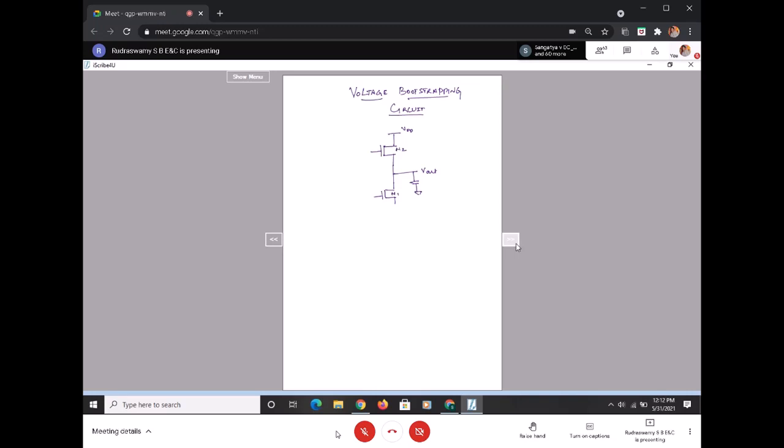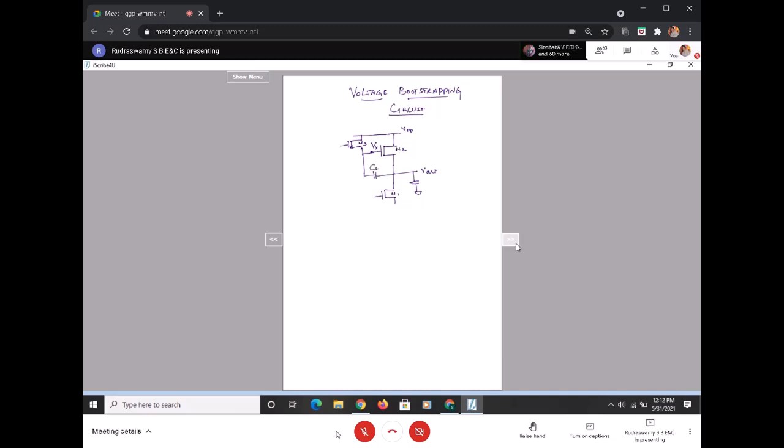Now I will have one more NMOS transistor, which I call M3. Its output is going as a gate input for this, and this is what I call Vx. Similar to the previous circuit, the gate of M2 is still Vx. Now we'll have two capacitances.